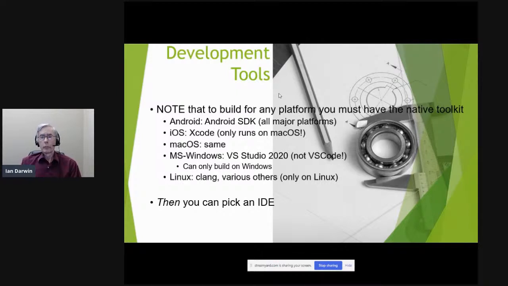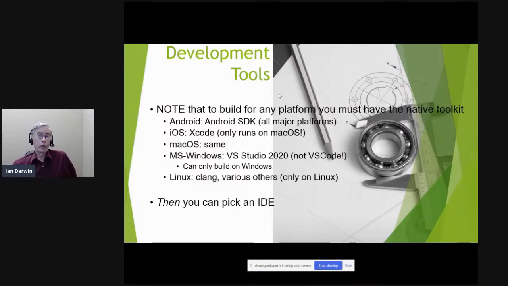Dev tools. So first off, before you can build to run on an actual device, you have to have that device's native toolkit. This is a bit of a limitation, but many of the cross-platform toolkits have the same limitation, so it's not too surprising.